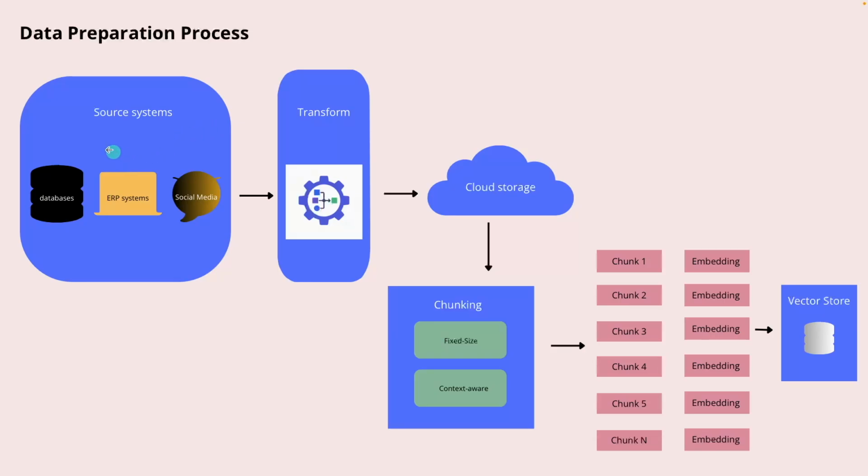I just included only three sources here, but there are many, many sources that usually pull the data. Then transform the data. You can use any ETL or data engineering process to transform the data, standardize it, clean it, make sure that we have the required data in good condition, and store this data in cloud storage. Up to here, it is a known process.